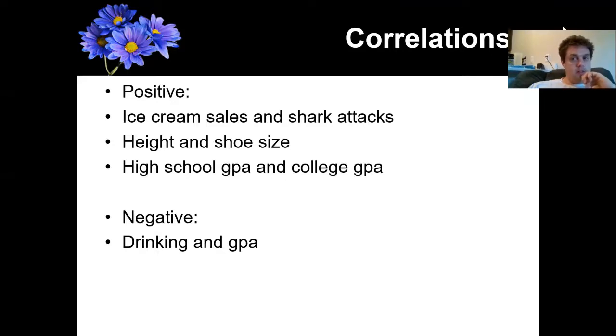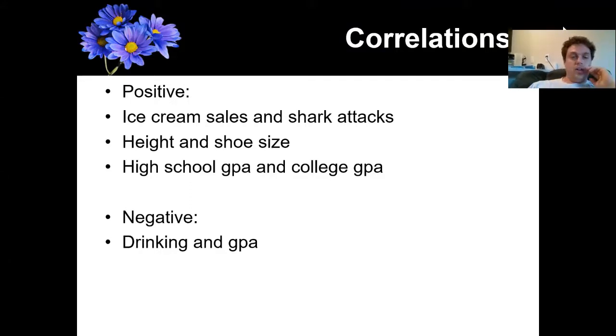So typically, the taller a person is, the bigger shoe size they wear. Lastly, high school GPA and college GPA. So if you had a high GPA in high school, maybe you're more likely to have a high GPA in college. If you had a low GPA in high school, you're more likely to have a low GPA in college, and anything in between.